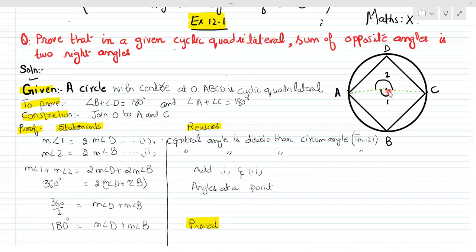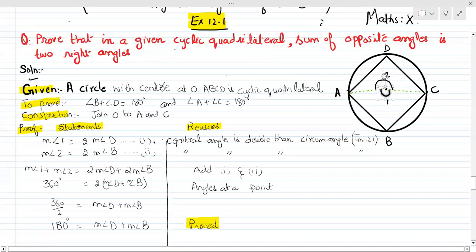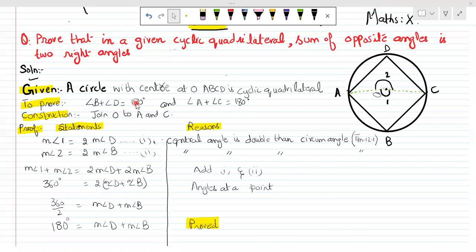Here we have joined this O to A. This is point O, and let me write this as point O. Okay, here you can see this is point O. Right?